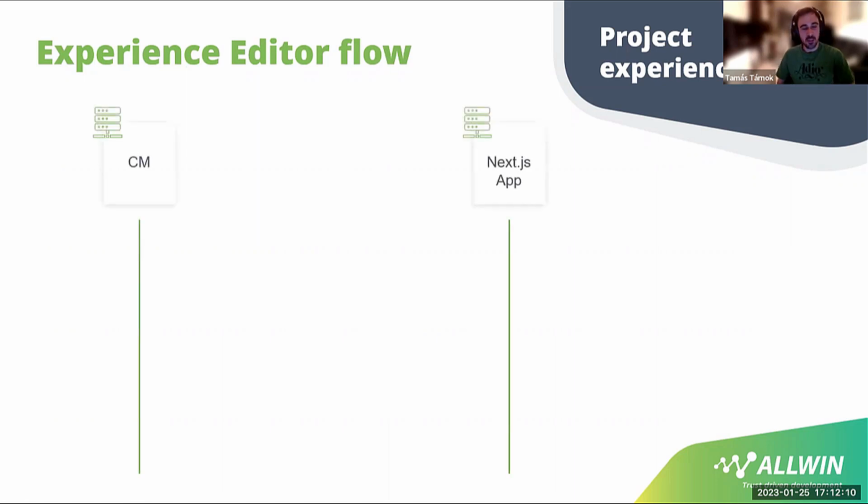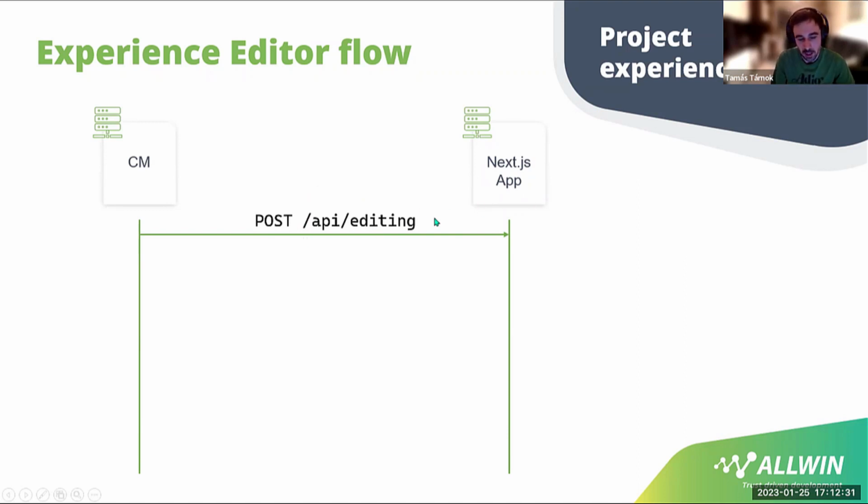So what we have here is, on the left side, the content management server, a Sitecore .NET based server, and on the right side the Next.js app. And when you open Experience Editor, this is what's happening. There is a POST request to the Next.js application.